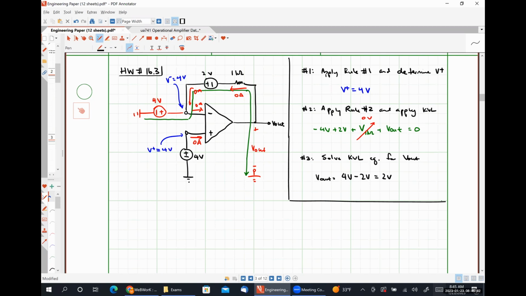So let me say something else here really quickly. There is no practical reason why you would ever actually put a voltage source in your feedback loop like this. Problems like this are literally just constructs to test your knowledge of the application of the ideal op-amp rules.